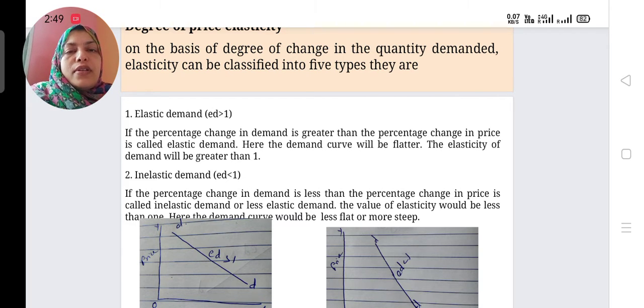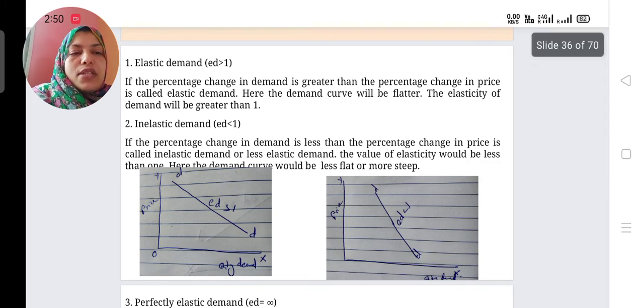If the change in price is 20 rupees and the quantity demanded changes by only 10, the percentage change in demand is less than the percentage change in price. This is called inelastic demand or less elastic demand. The value will be less than 1.